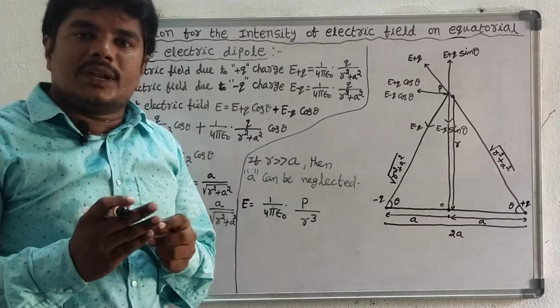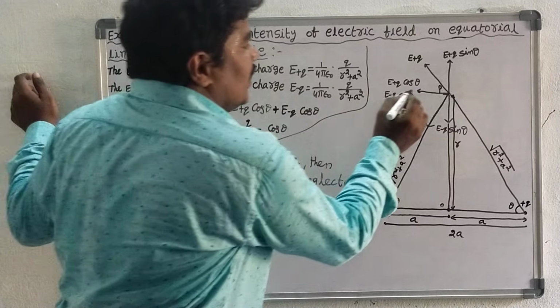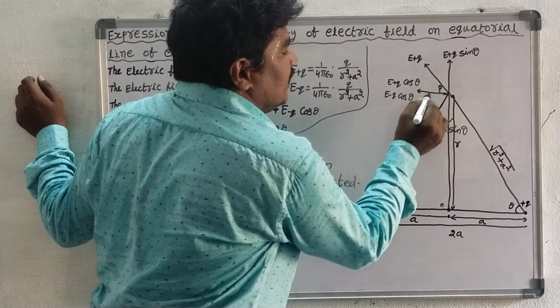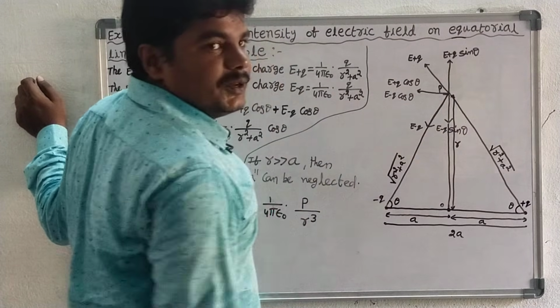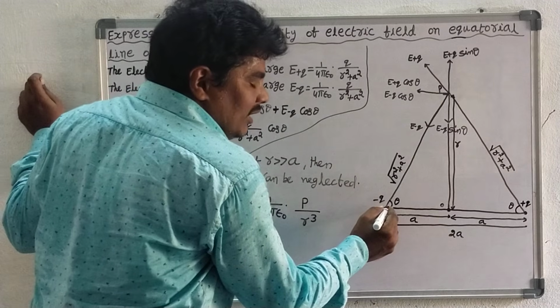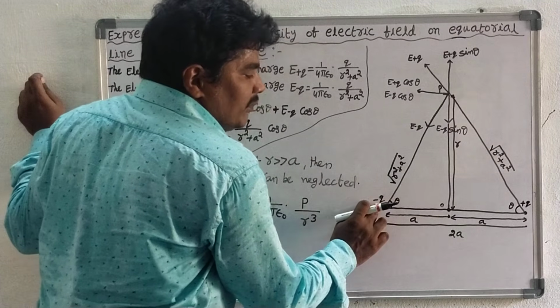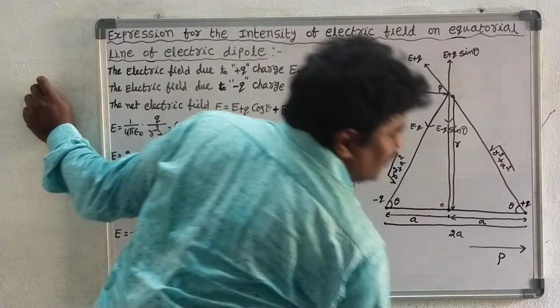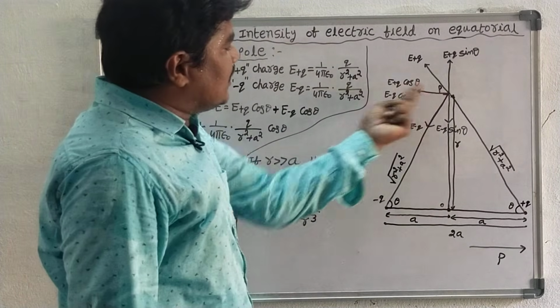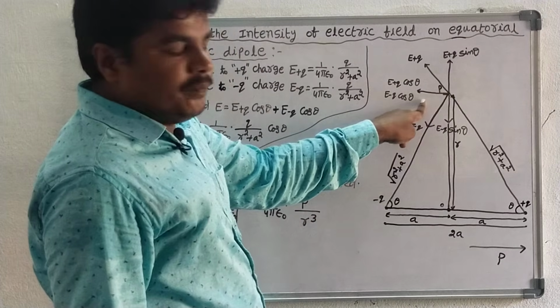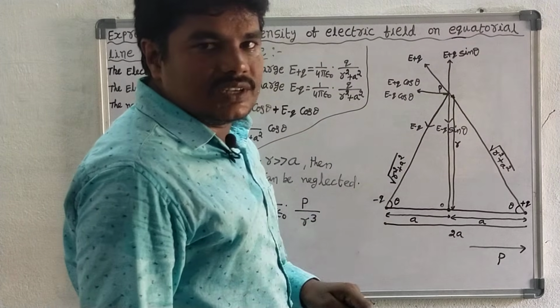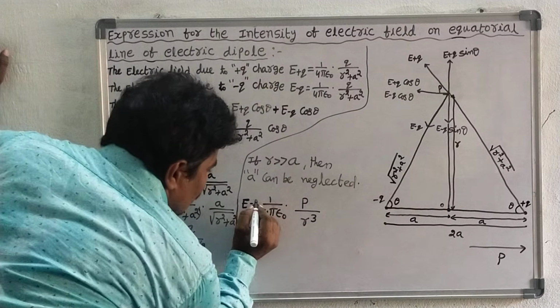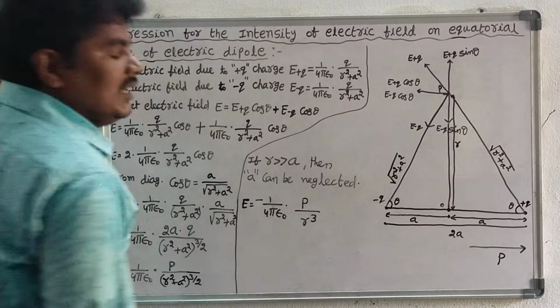Now we determine the direction. Here the direction of electric field is in this direction. But the dipole moment is always acting from negative charge to the positive charge. So this is the direction of the dipole moment, but this is the direction of the electric field. These two are in opposite directions. That's why we keep minus sign here.